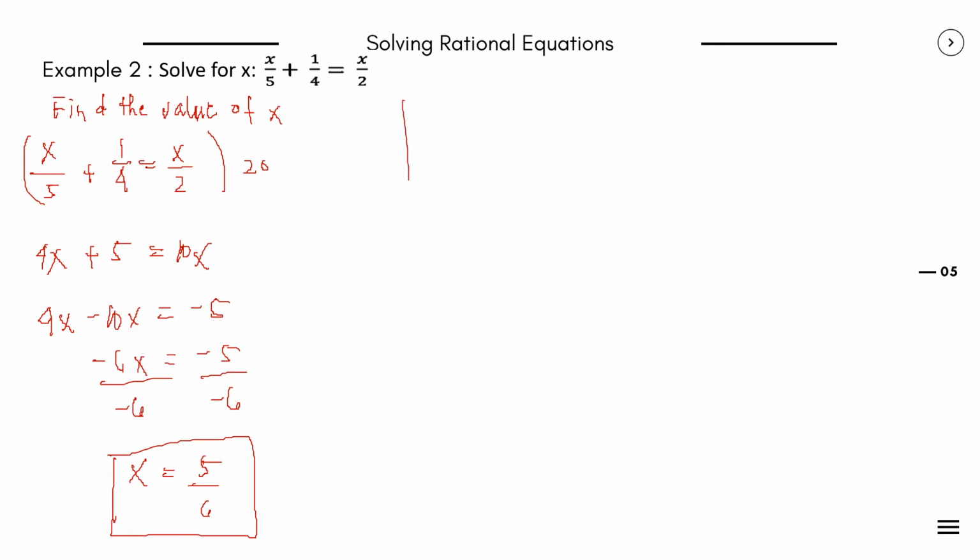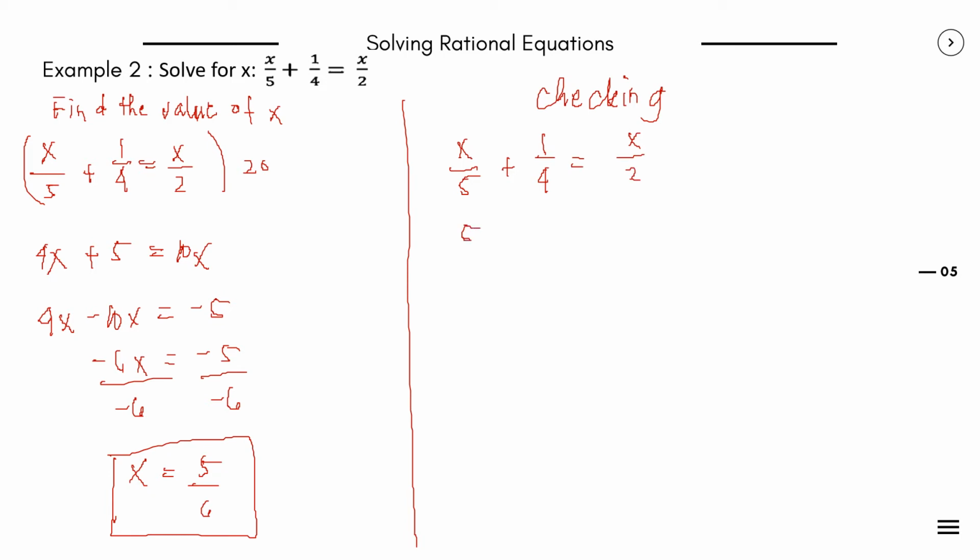Now, let's use 5 over 6 to substitute and to prove kung tama nga yung nakuha, or to prove if the equality is true. Okay, so checking tayo. x over 5 plus 1 over 4 is equals to x over 2.